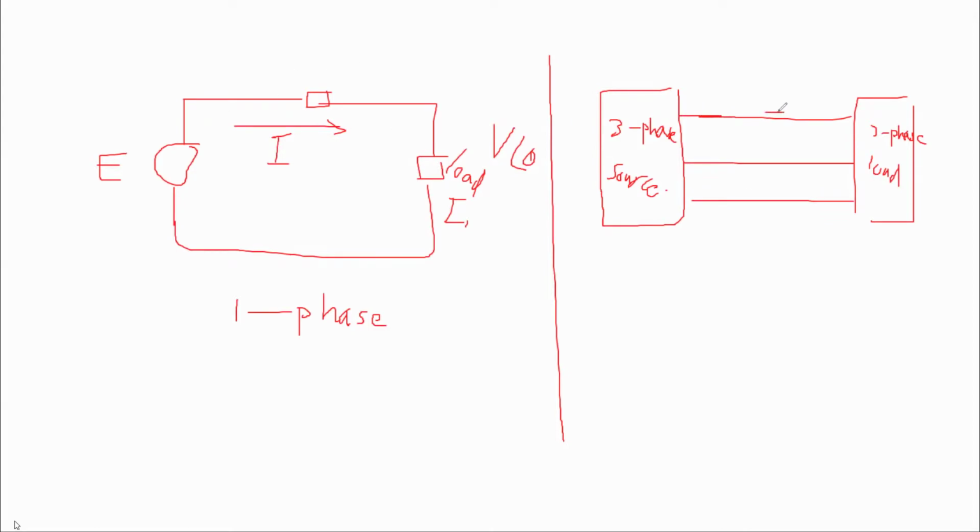Maybe the wires have impedance as well. So this is called a three-phase circuit. It means it has three loads connected together, three sources connected together. So if the word phase is confusing, this is just a single circuit. This is three circuits connected together to make the three-phase circuit.